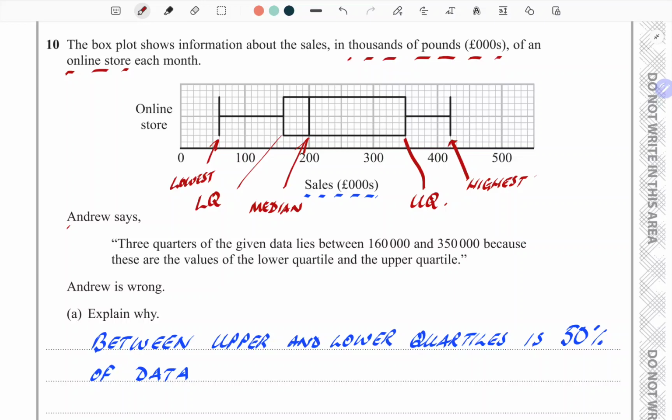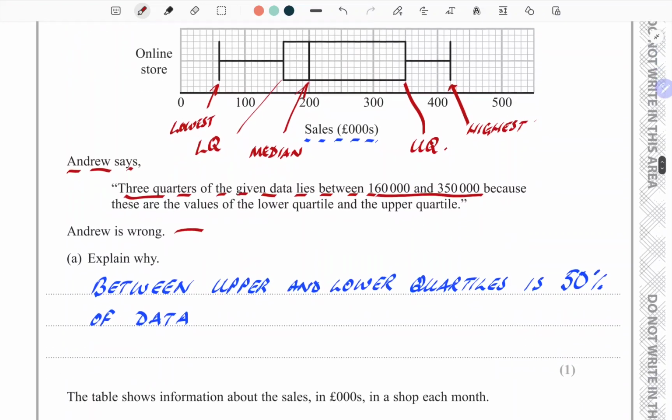And the statement says, Andrew says, 3/4 of the given data lies between 160,000 and 350,000, because these are the values of the lower and upper quartile, etc. Andrew is wrong, they're saying. Explain why. Simply, it's a one marker.